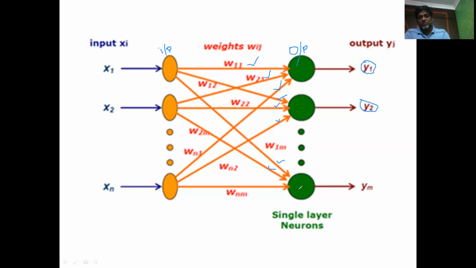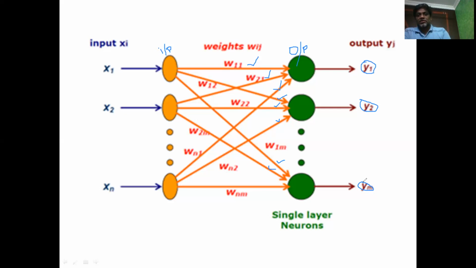That forms the sum of products, which is the net output of this particular neuron, forwarded to the activation function to get the output ym. So this is how the inputs are summed up after multiplying with the corresponding weights they are connected with, and forwarded to the next neuron or next link.